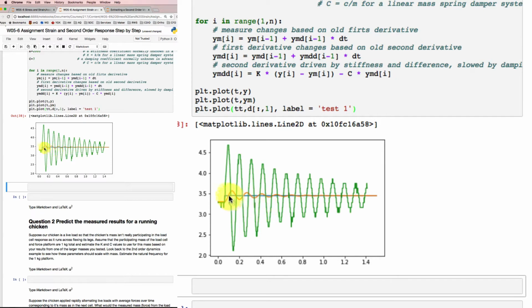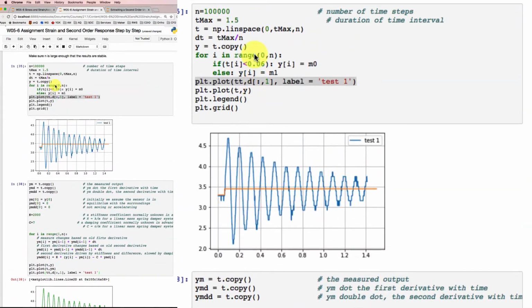So if I wanted to make the orange one oscillate up and down at about the same magnitude, it looks like I'd need a bigger step. It's zeroing into about the right place at the end, but at the beginning, I think maybe what happened was I dropped the weight, and the result was it added a lot more force than just its mass to get started with, and that got me a big bounce to start with, and then it damped out somewhat. So let's make the bounce bigger.